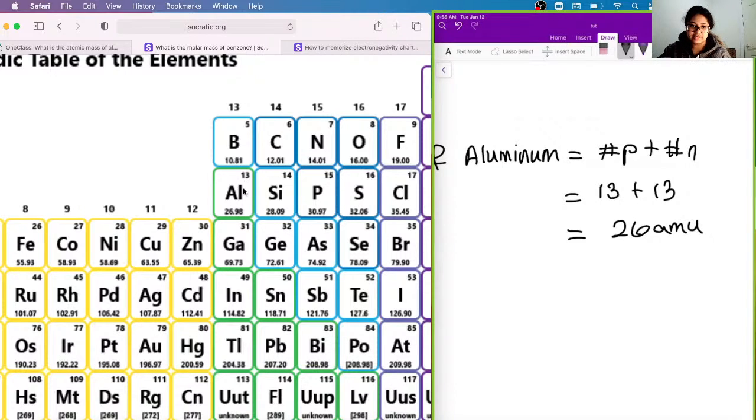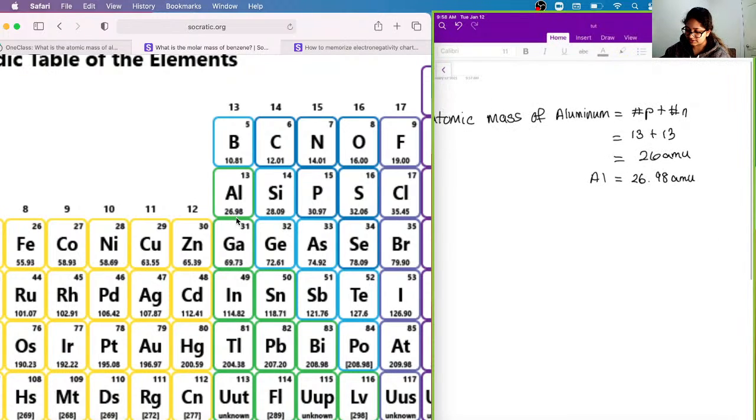However, it is stated here that your atomic mass or molar mass is 26.98 AMU. To be more accurate, you have 26.98 of aluminum. So this is one way to find atomic mass, but usually it's given in your periodic table.